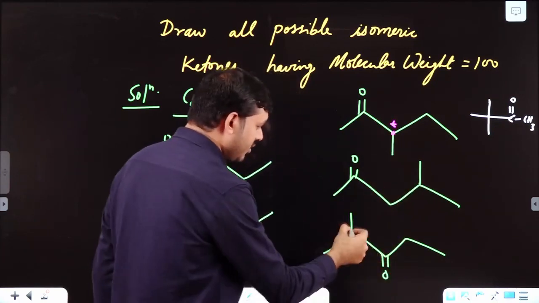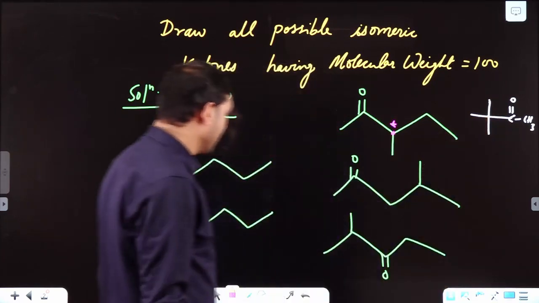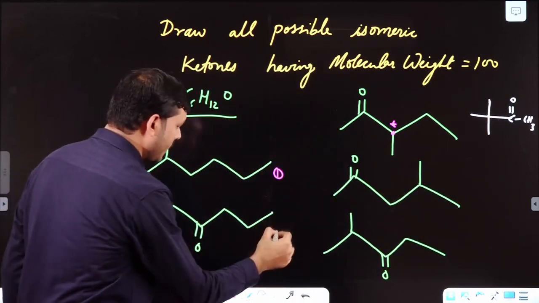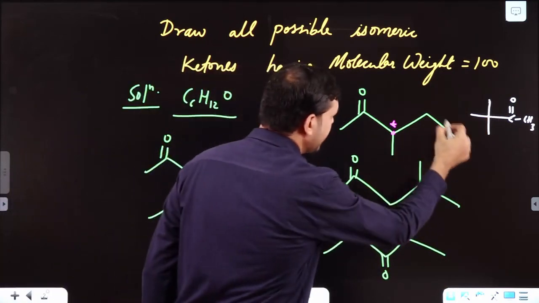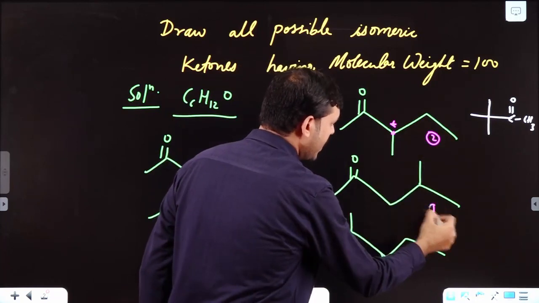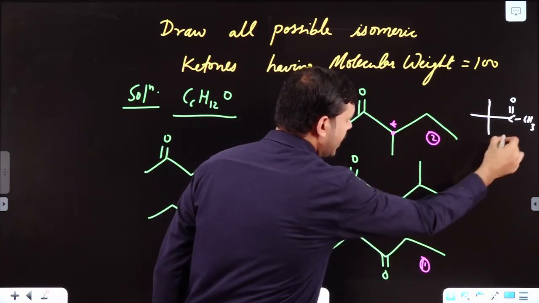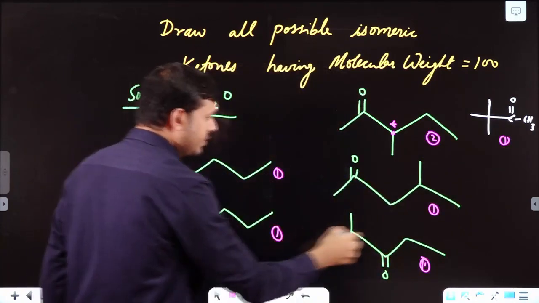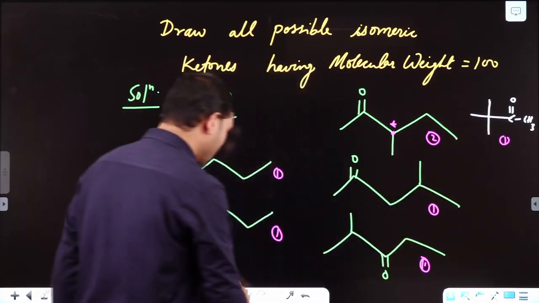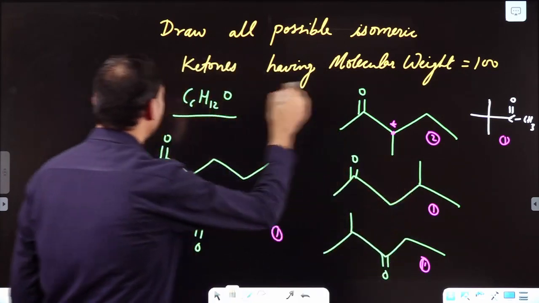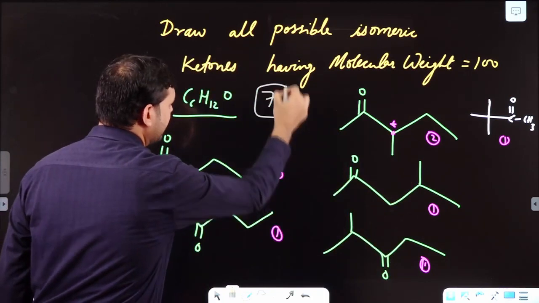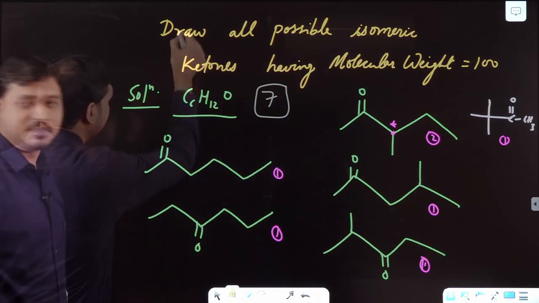No chiral center, no chiral center, no chiral center. So for this, 1, 1. For this one you have 2, for this 1, 1 and 1. Total will be 1, 2, 3, 4, 5, 6 and 7. So answer will be, total possible cases are 7. Clear to you all? Okay.